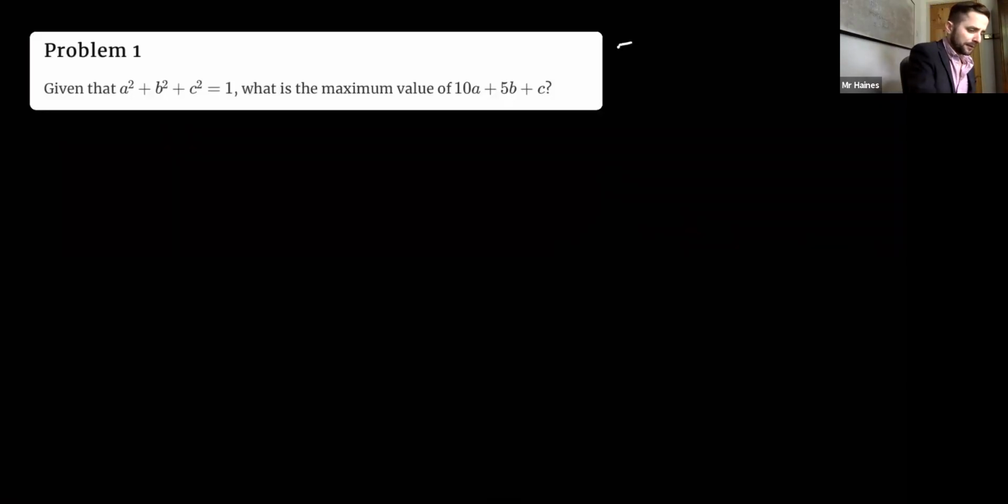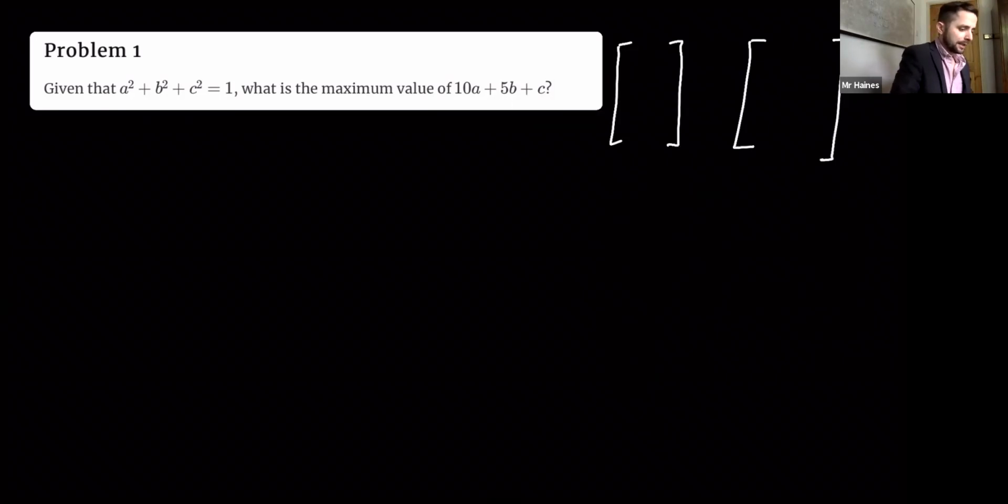So let's go off to the side and just have a think about what our lists of numbers could possibly be in order to get our inequality. And we're asked for the maximum value of this expression. So 10a plus 5b plus c should be smaller than or equal to the maximum value.